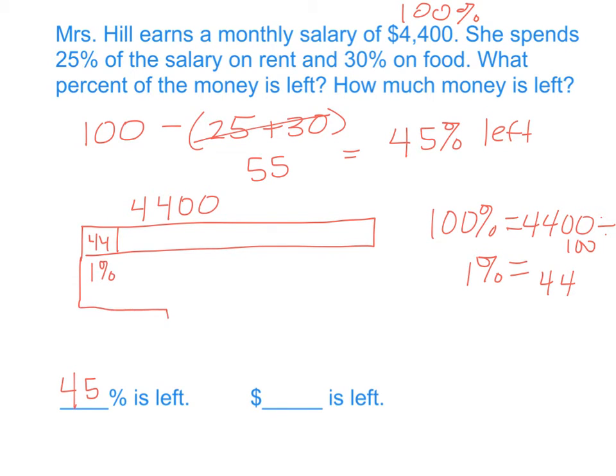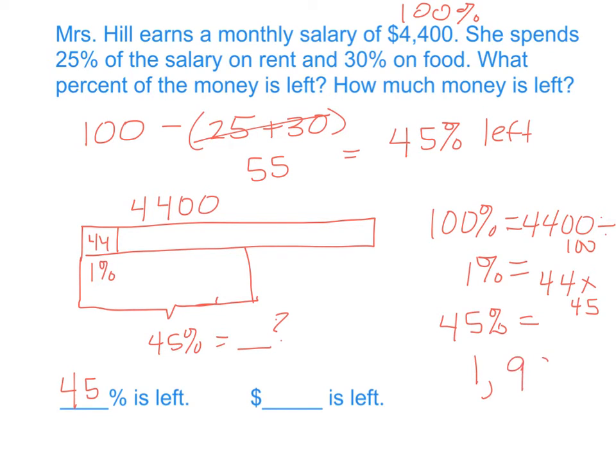I need to know how much 45% is. So I'm going to take 44 times 45, and that will give me $1,980 left.